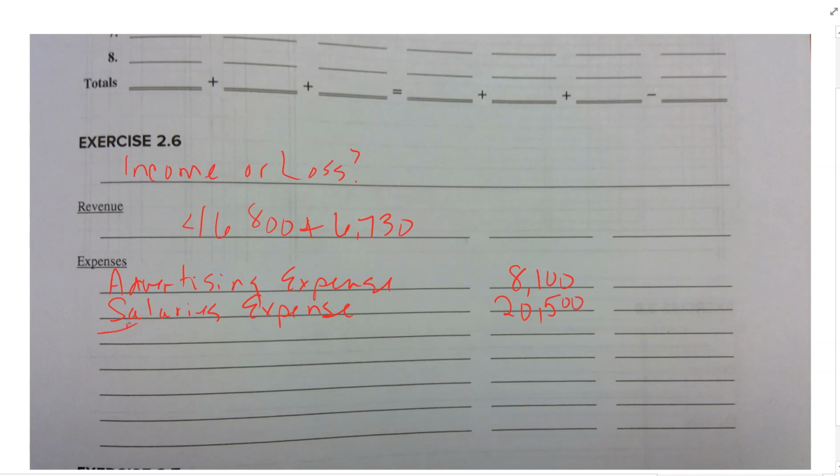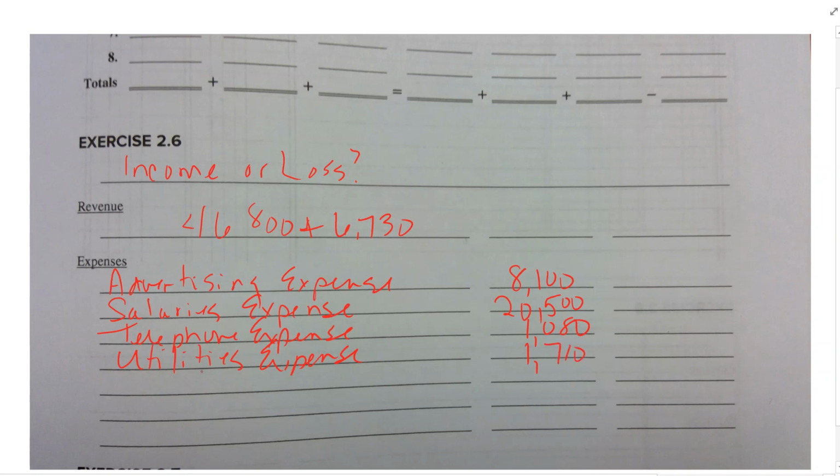Telephone expense is 1,080, and utilities expense is 1,710.